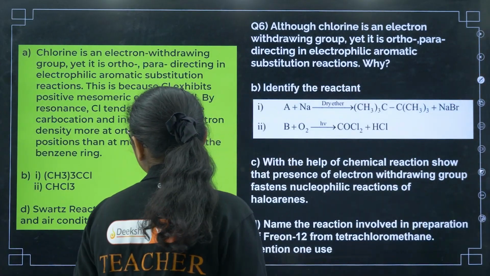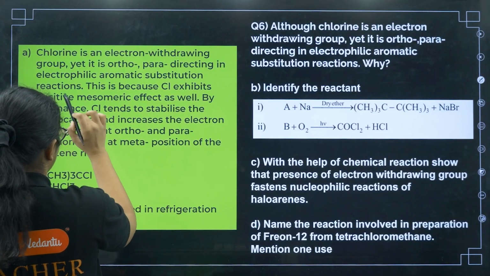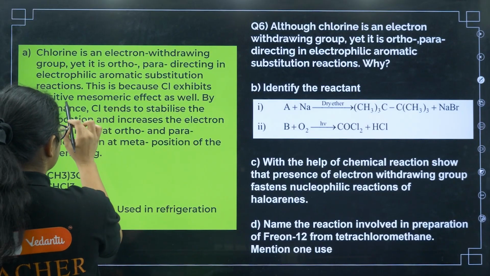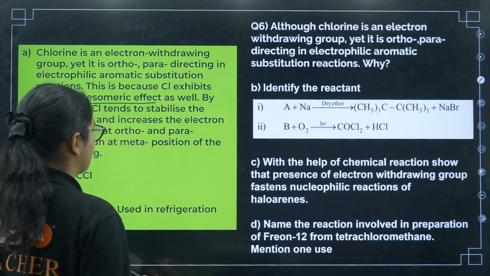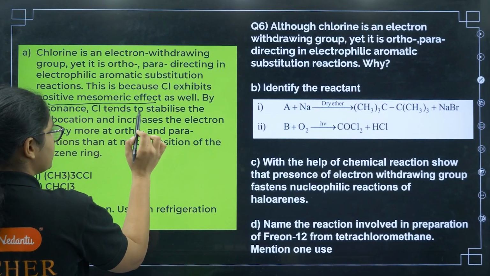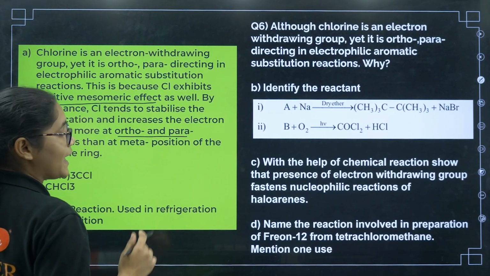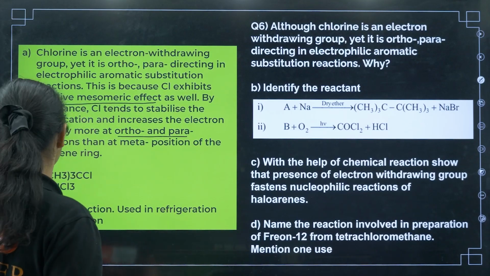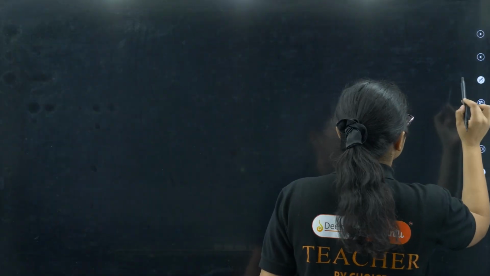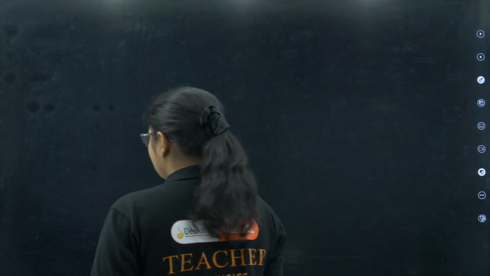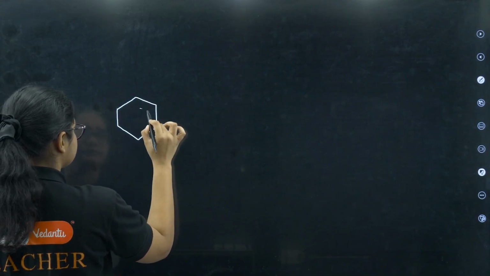You can see here, chlorine is an electron withdrawing group, yet it is ortho-para directing. This is because chlorine exhibits positive mesomeric effect, meaning plus R effect or plus M effect. By resonance, chlorine tends to stabilize the carbocation and increases the electron density at ortho and para positions. Now I just want to draw in rough and show you the resonating structures of chlorobenzene.